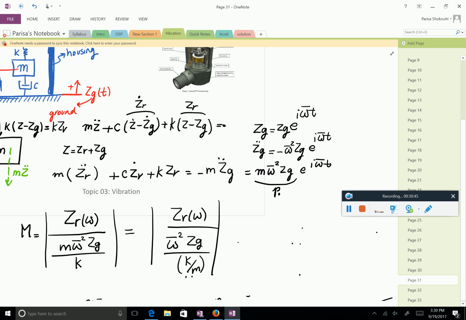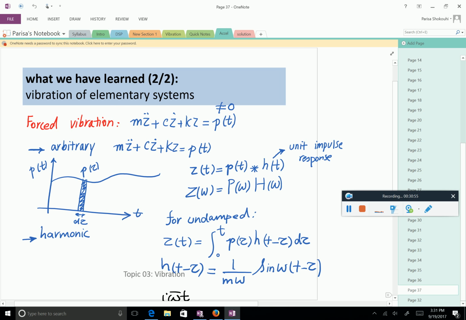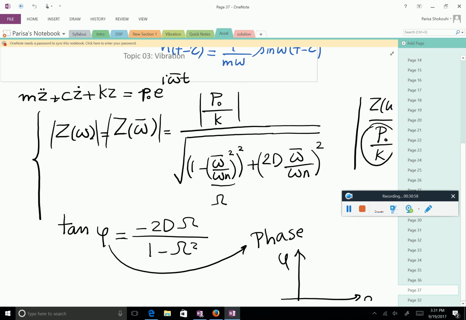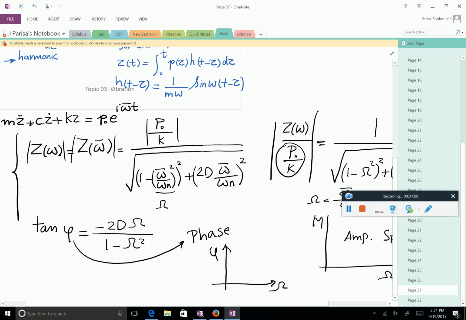So this is a special case of a forced harmonic vibration. That's why I reviewed this one more time. If we have forced harmonic vibration, and if you take Fourier transform on both sides, from this we can get to here. So we are not changing anything.